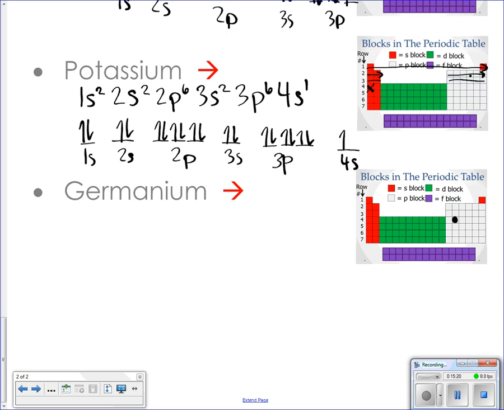Now this gets a little tricky. And before I get into this, I want to remind you guys of something. In the energy level 1, we have the S sublevel.